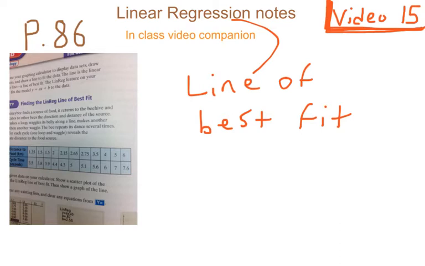So what I'm going to do first to make the scatter plots is assign variables. So I'm going to assign x to be the distance and y to be time.